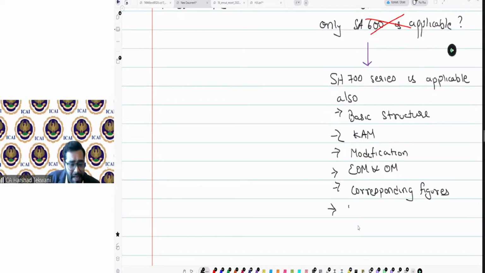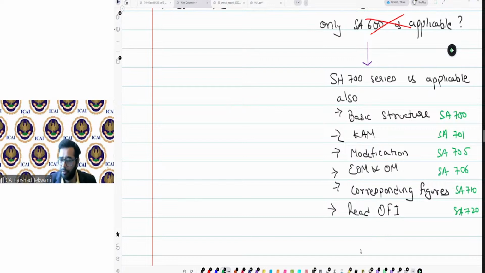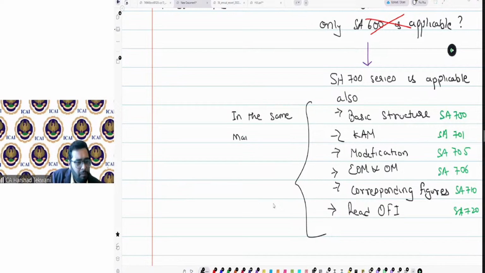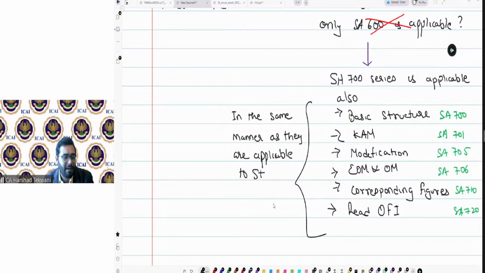Then I have to read other financial information also. So all these things, that is SA 700, SA 701, SA 705, SA 706, 710 and 720, all are applicable in the same manner as they are applicable to the audit of standalone financial statement.